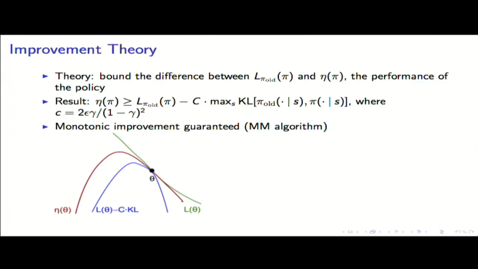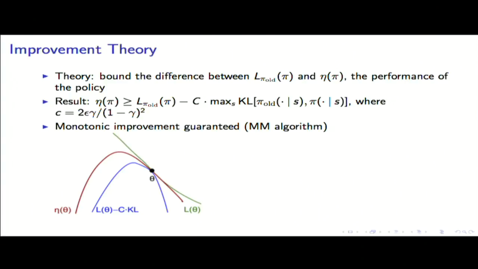If we take a tiny step, L is going to give a pretty good approximation to eta, so it has the same slope as eta. But if we totally maximize L without any constraints, then we'll end up all the way over here, and eta probably got a lot worse if we did that.